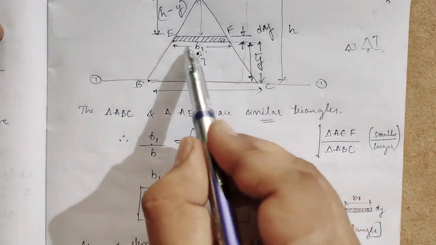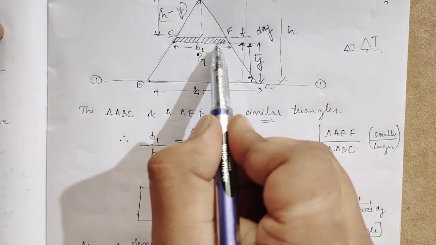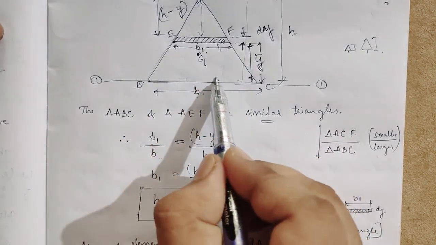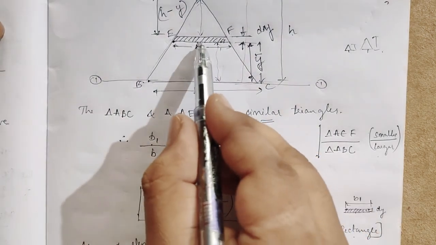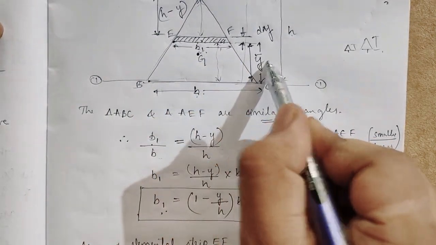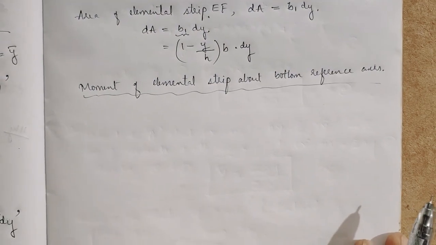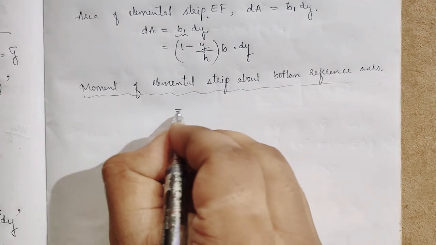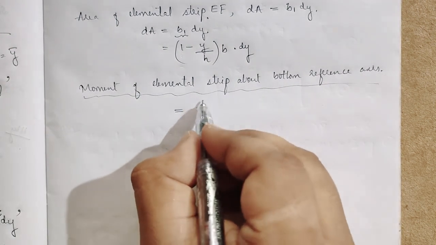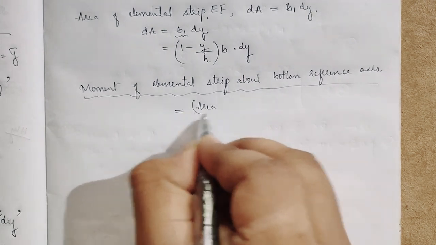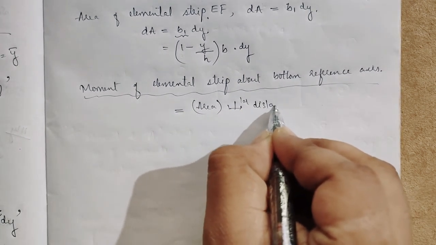It is the area of the elemental strip into the distance y, from the reference axis. That is, the moment of the elemental strip is area into perpendicular distance.